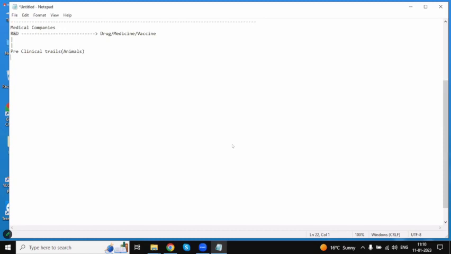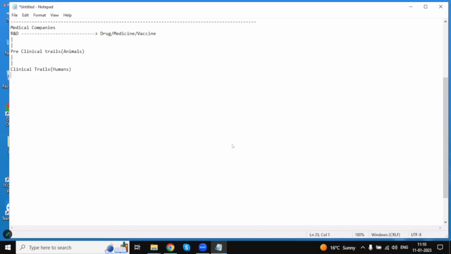If the results are positive, then only they'll start the clinical trials on humans. They're going to test this drug on humans.